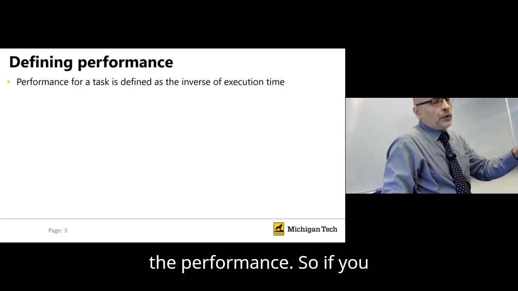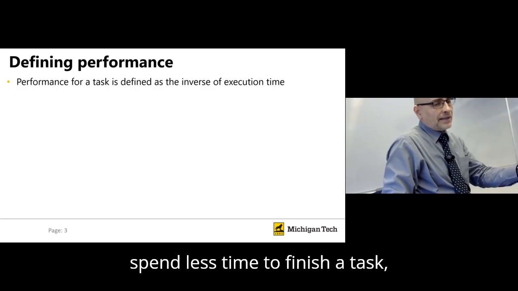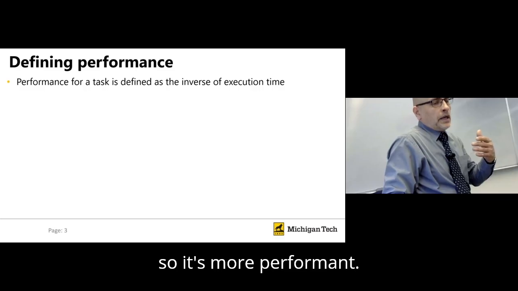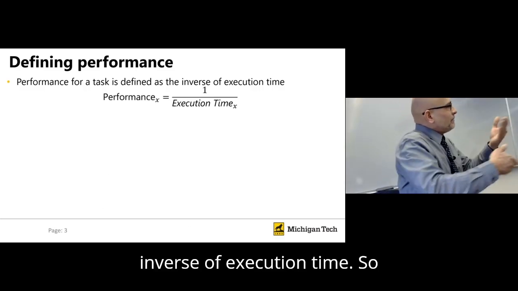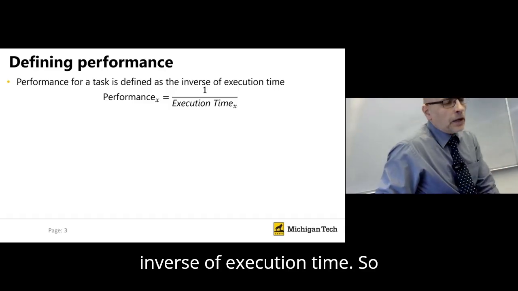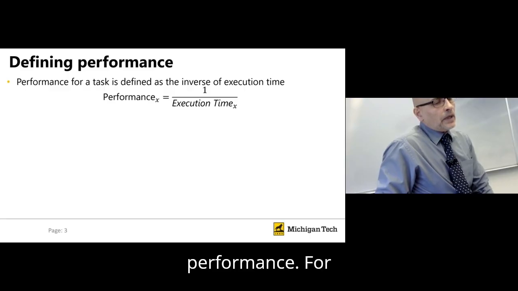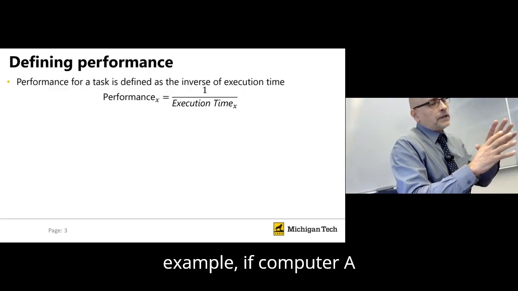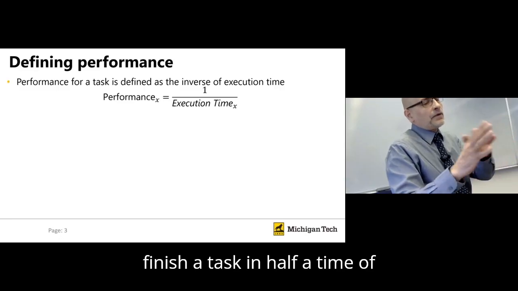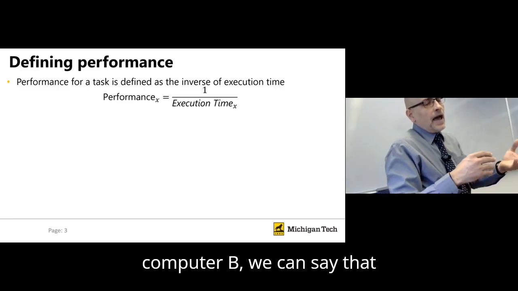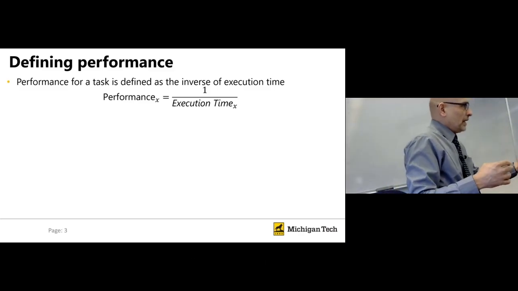So if you spend less time to finish a task, it's more performant. So the performance is the inverse of execution time. That's the formula that we have for performance. For example, if computer A finishes a task in half the time of computer B, we can say that the performance of A is 2 times more.